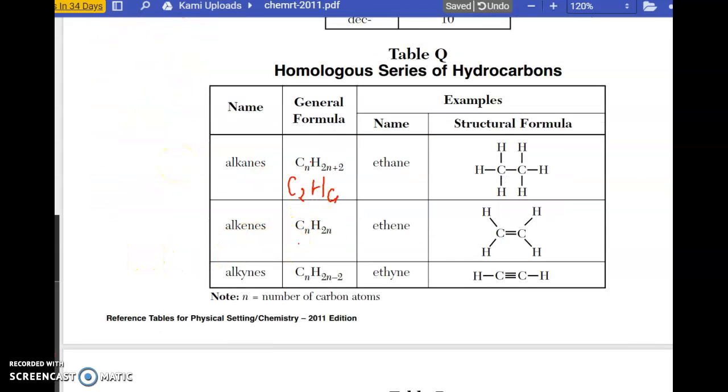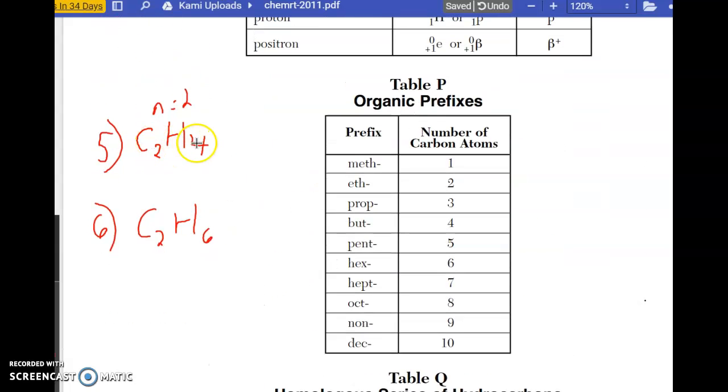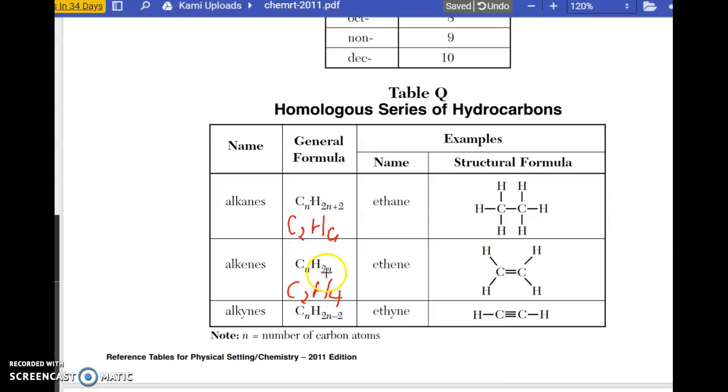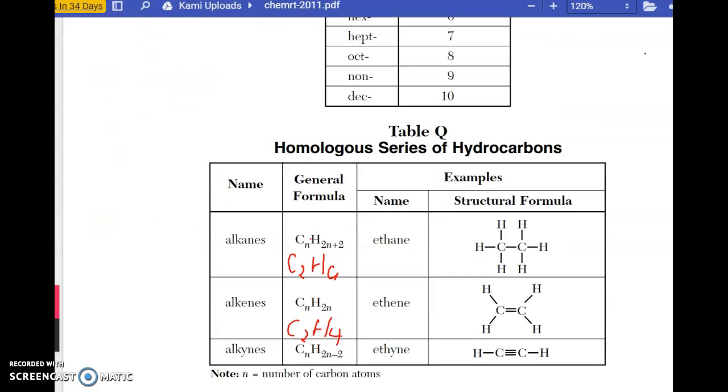Here we have our C2, and then H is just 2 times, again, your N is 2 here. So 2 times 2 is 4. So our alkene is C2H4. That is actually the same thing, C2H4. So we know it's an alkene, which means that it's going to have a double bond.